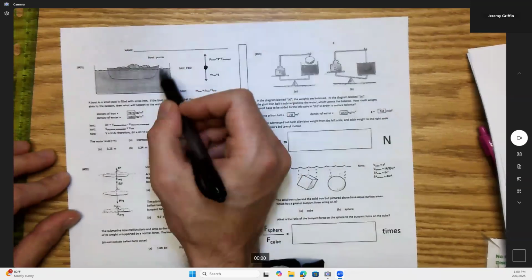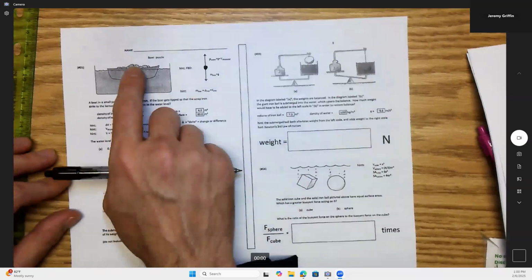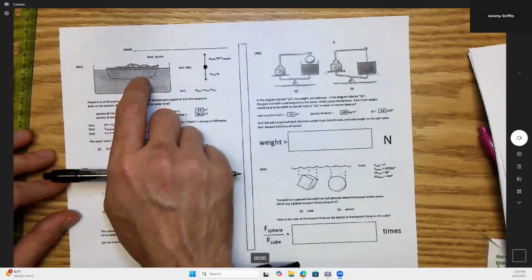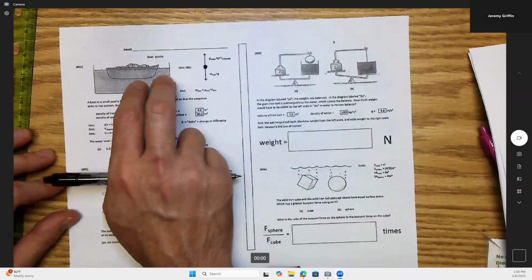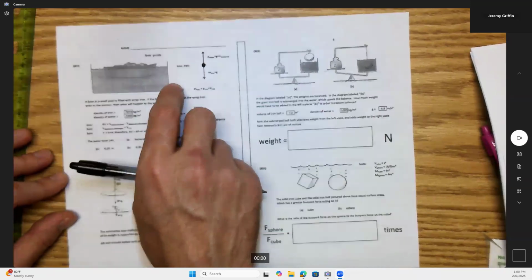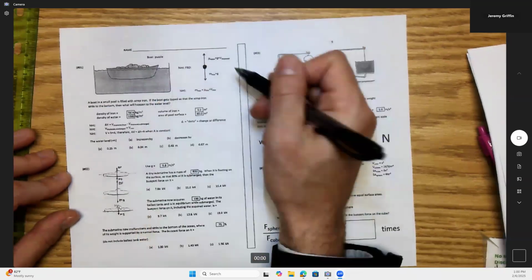When the iron is in the boat, it pushes down into the water. It displaces an amount of water equal to the what? Equal to the volume of iron or equal to the weight of the iron? Or I don't know if I phrased that exactly correctly, but this free body diagram helps you out.